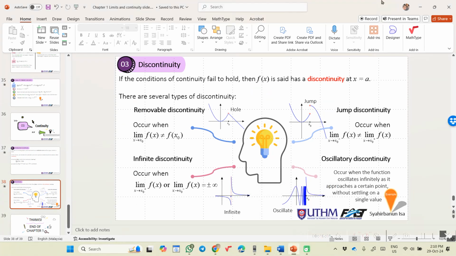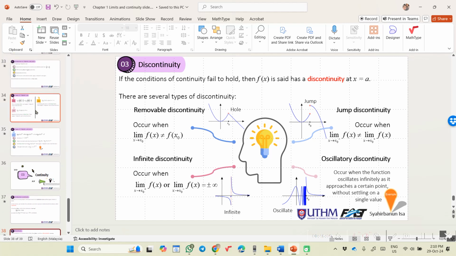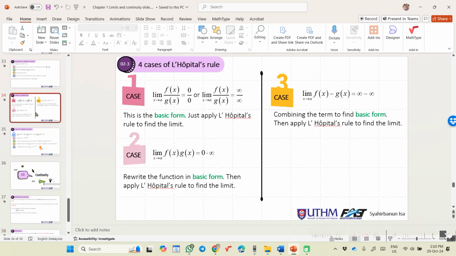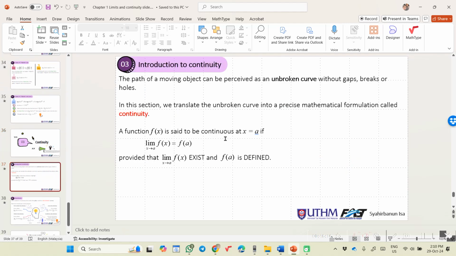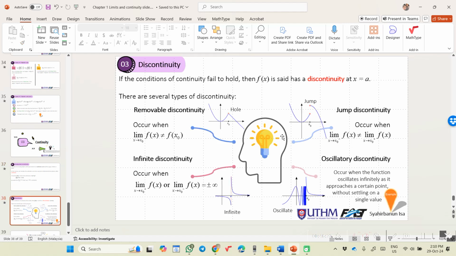I hope you can understand how to determine the continuity of a function using the limit condition and the function condition at a certain point.